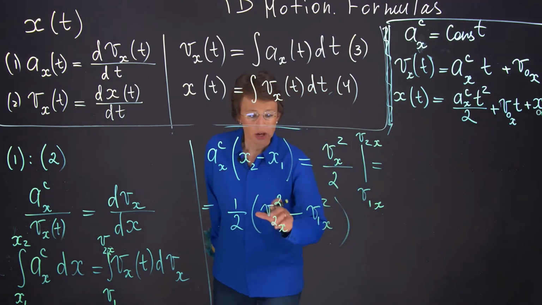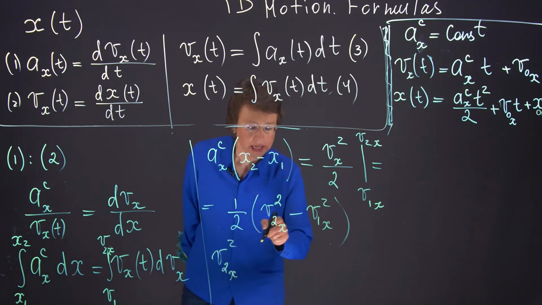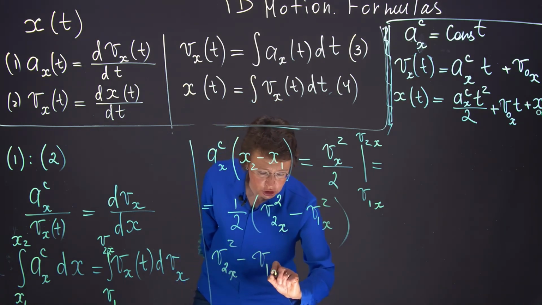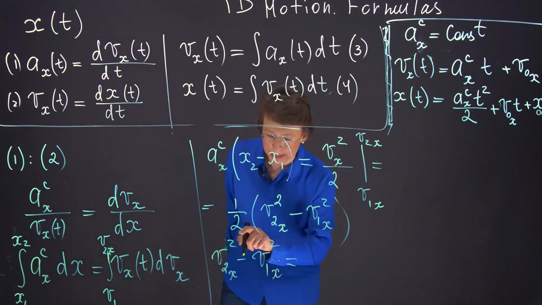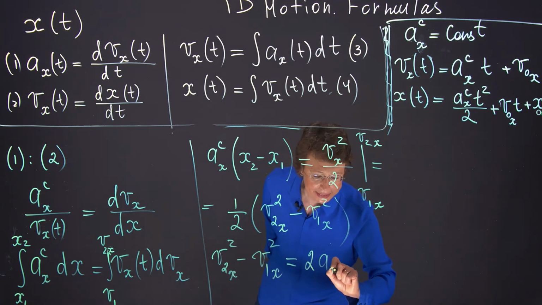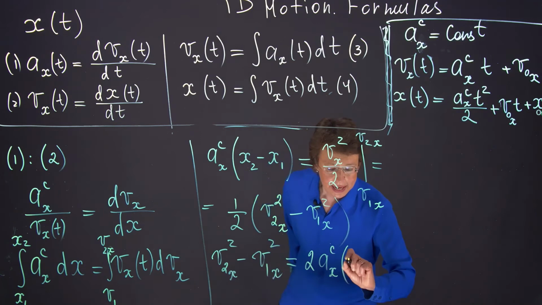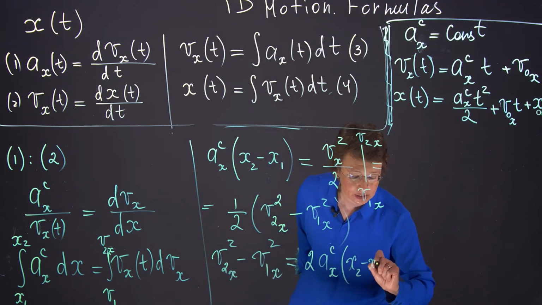I like it better. Or I rewrite it: v2x squared, final velocity, minus initial velocity squared is equal to twice, 2 comes here, and then ax, projection of constant acceleration on x, times x2 minus x1.